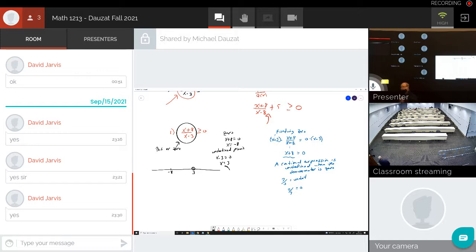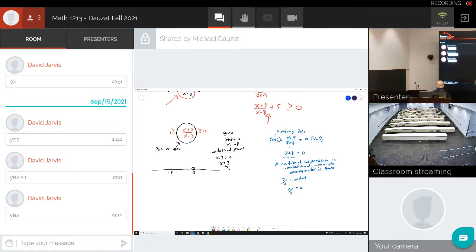In fact, -8 is how we found the 0, right? Right here. The zero is -8. So what that means is that a value of -8 makes this rational expression 0. Is that something I want? Yes, because of the equal sign.